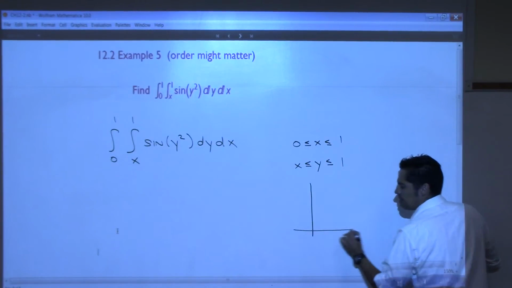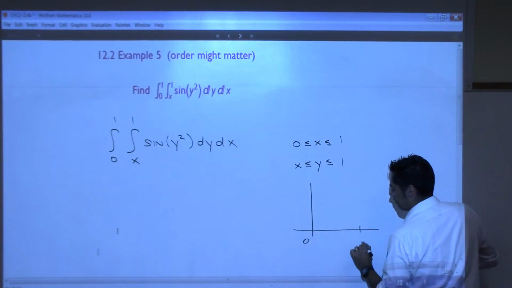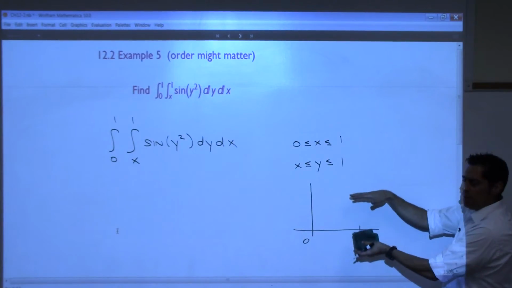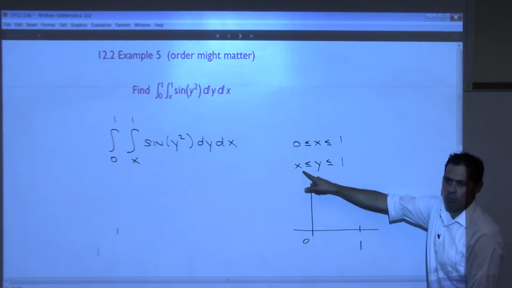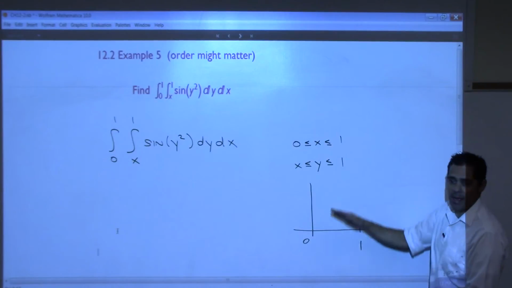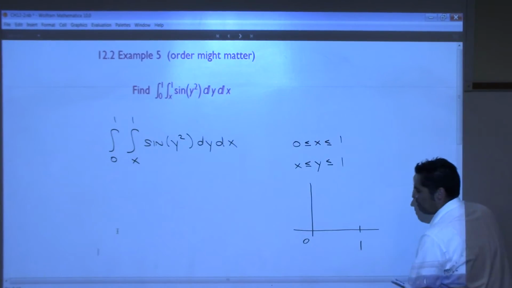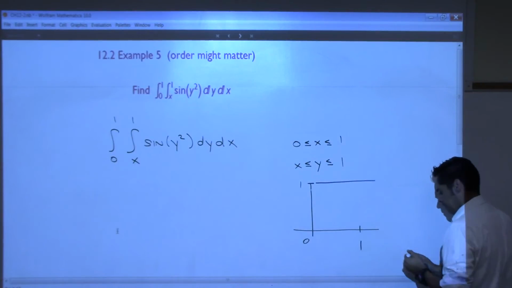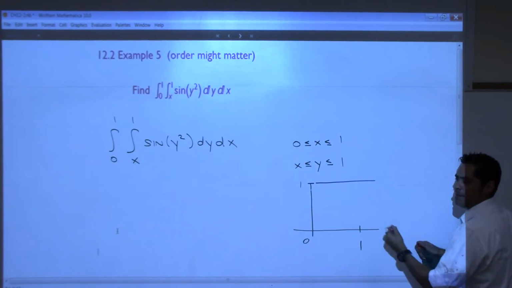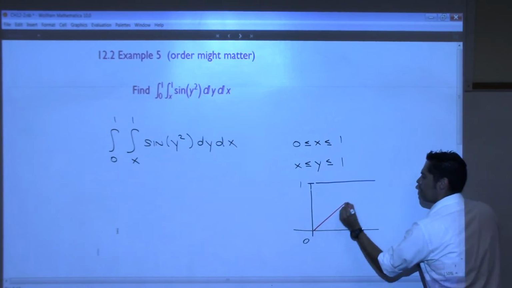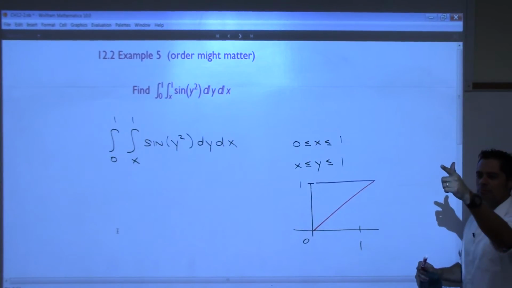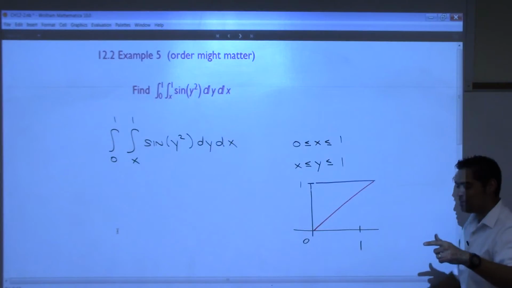I know that my x's have to be between 0 and 1, don't they? But my y values are between what? 1 is the top and x is the bottom. So 1 being the top is this, right? X being the bottom is this. Yes or no?